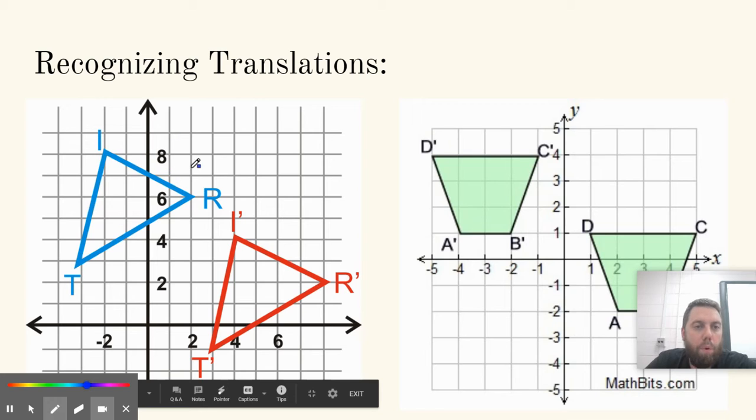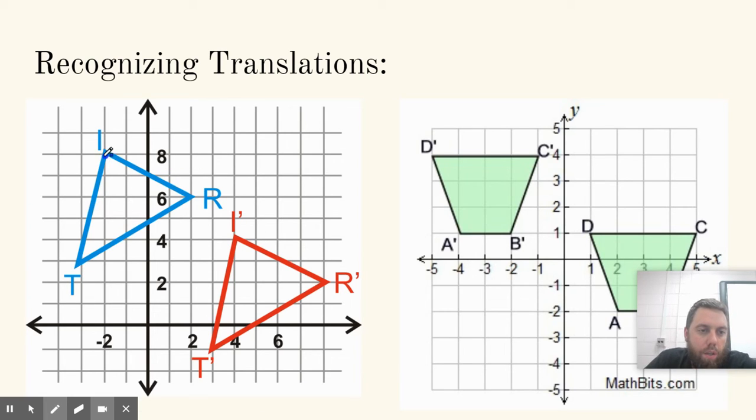Okay. We have a couple more examples where we want to see how one point got to another. So we have our 3 points of the triangle here, and we have the 3 points of our triangle here. Okay, and we want to know how we got from the object, I'm going to put a little O here, to the image. We know it's an image because it has little primes here. Okay, how did I get to I?